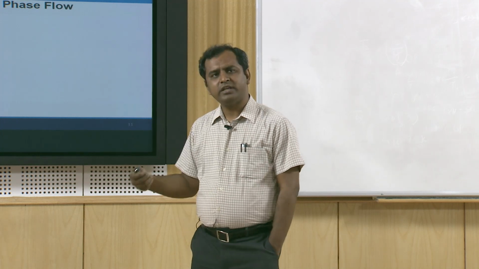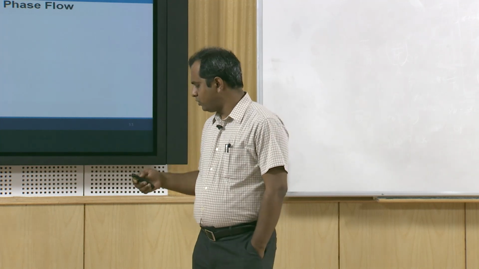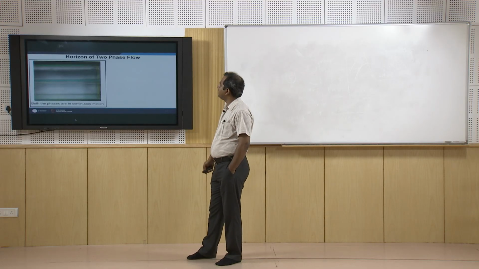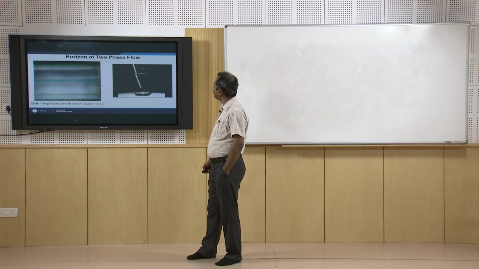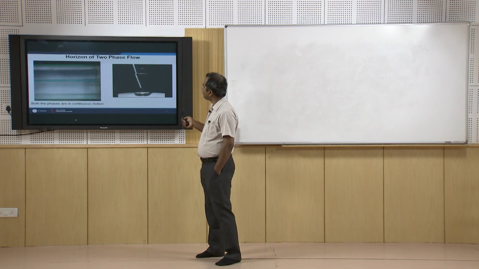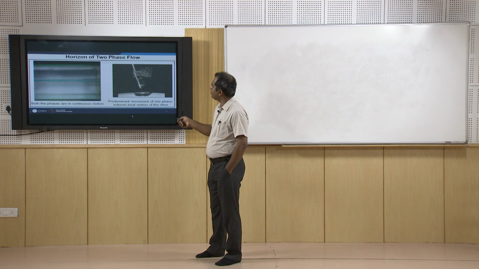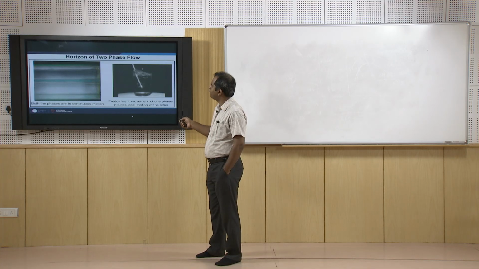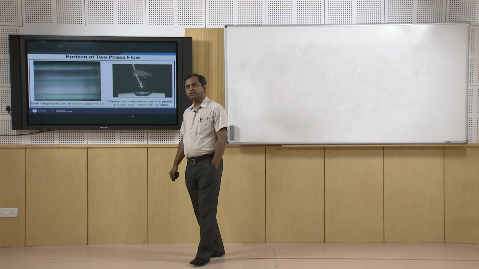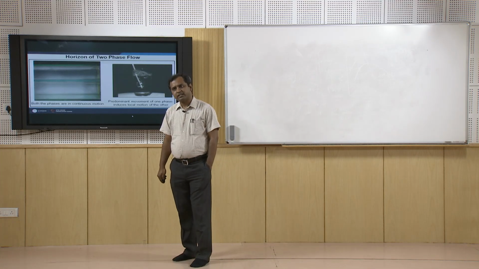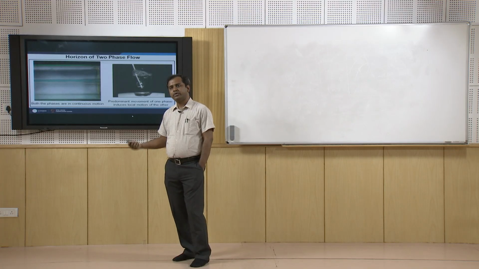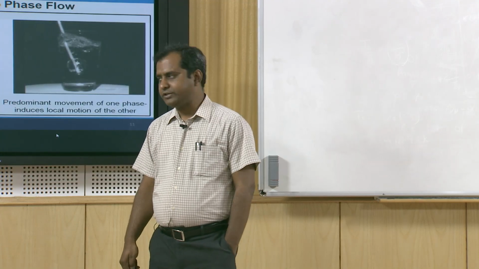This we can call two phase flow, but you can find some examples where predominant motion of the primary phase is not there. Only by impinging the secondary phase, the motion is being generated in the primary phase. This kind of situation we also take inside the horizon of two phase flow. So, it is not only about the flow; if the flow is being generated by the secondary phase, that also we can tackle inside the two phase flow horizon.